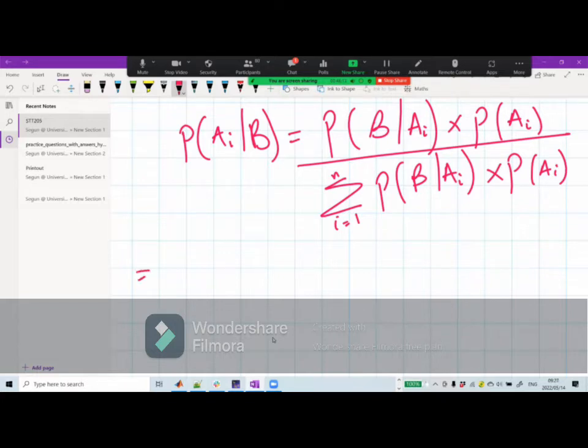It simply implies that anytime we have probability of A given B, the definition is quite simple.